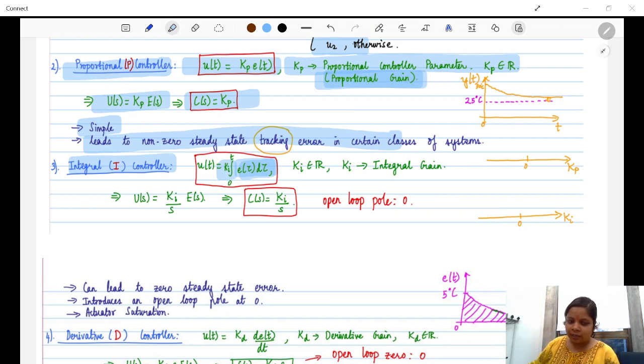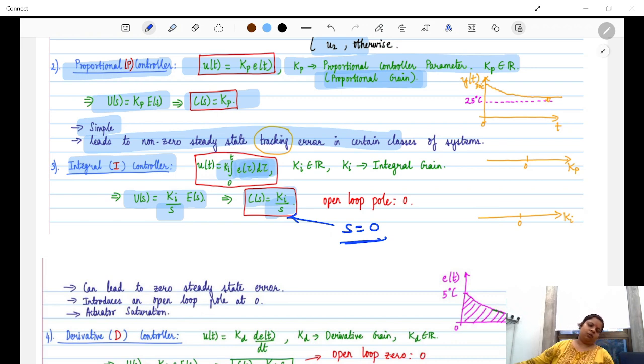Now you have read very well in the Laplace transform that if there is an integral term, you get s in the denominator. If there is a differential term, you get s in the numerator itself. So here us is equal to ki upon s into es. So cs here basically is ki upon s. When you write this, you can see very easily that you have an open loop pole at s is equal to 0.